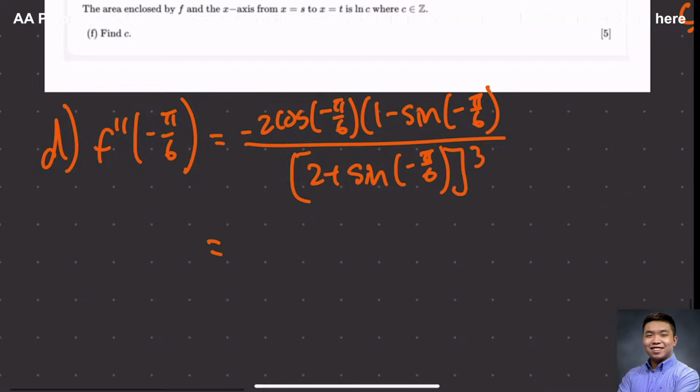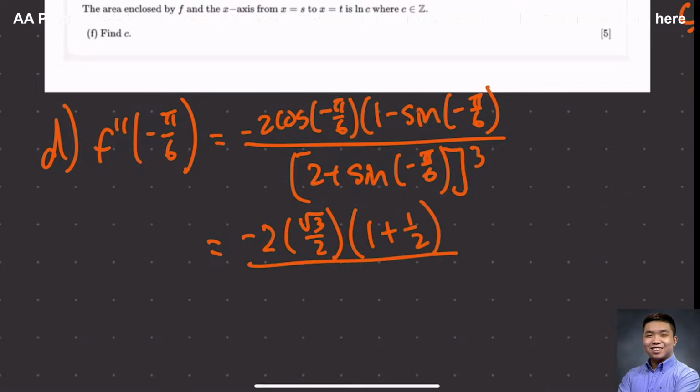So we would have negative 2 times cosine negative pi over 6 would be root 3 over 2 positive, and then 1 minus sine negative pi over 6 will be 1 minus negative half, so 1 plus half. And the denominator here will be 2 minus half cubed.